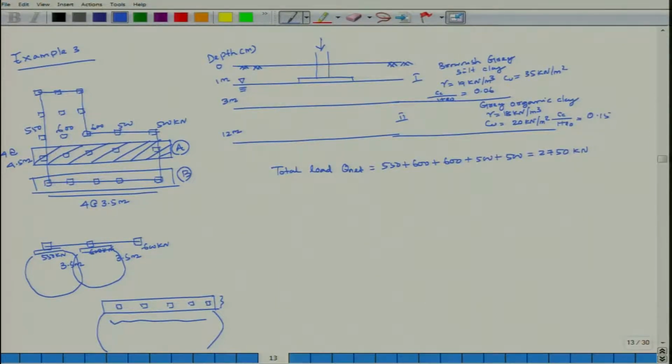Now, with this 2750 kilonewtons, how do you find out your dimensions? How do I take the dimensions? You have to identify the dimensions.